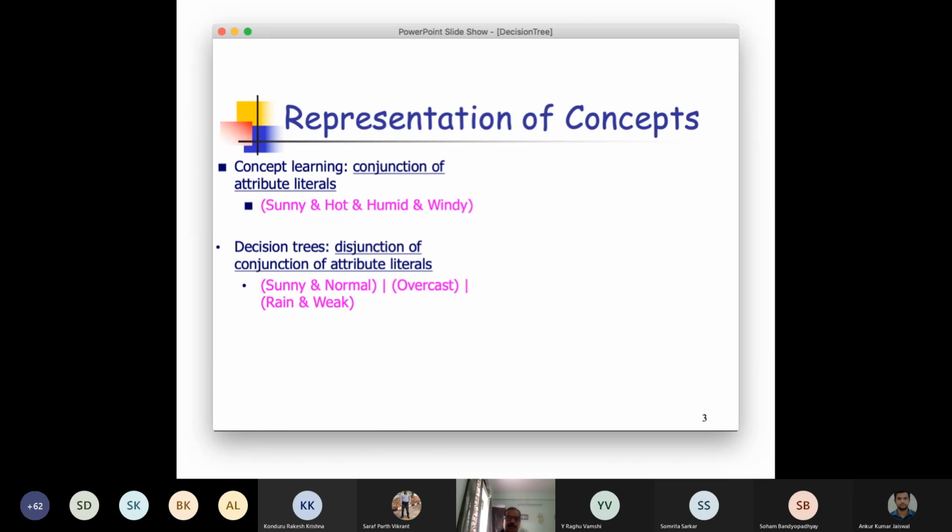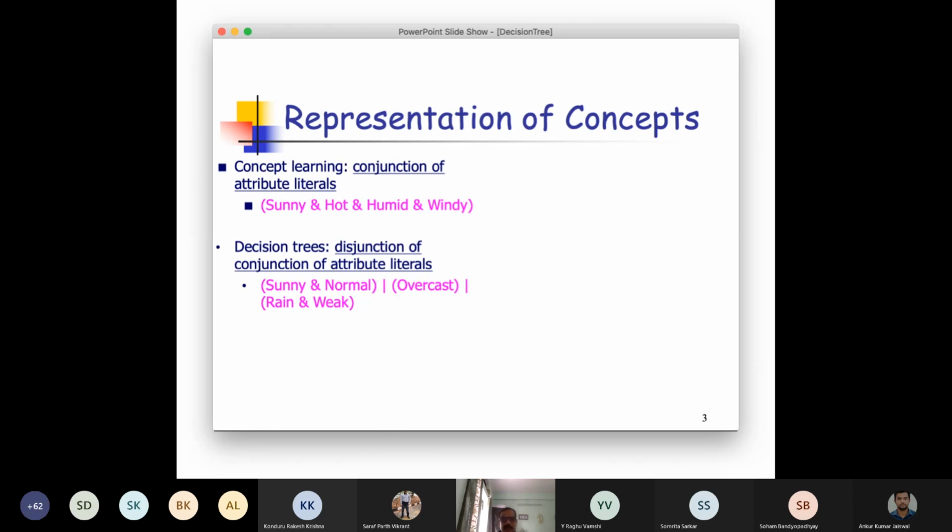So, for example, consider these expressions, represented in the same way as we have represented here. Either the sky would be sunny, or the temperature is normal, or it could be humidity, I'm not sure, but there is some attribute which is normal.